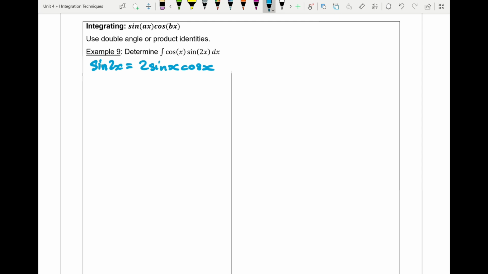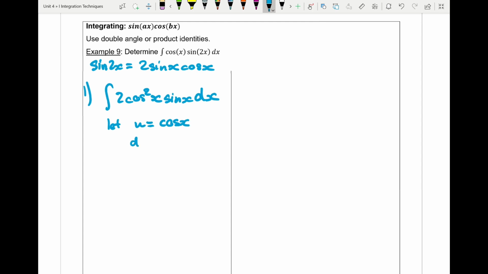The first way, well, let's just have a look at this first way. So we get the integral of 2 cosine squared of x sine of x dx. We then want to let u equal cosine of x, just like we've been doing in the past.